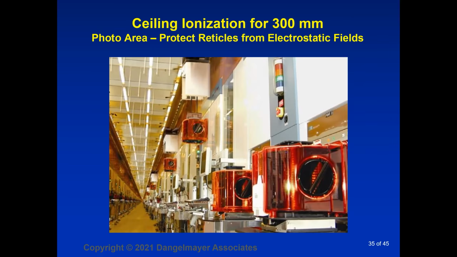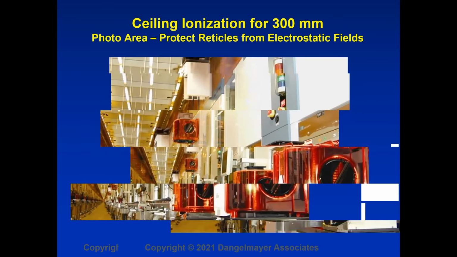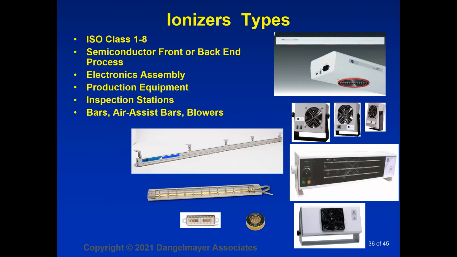So what you see here is a large array of ceiling type ionizers to make sure that everywhere in this photo area, the charge has been neutralized. Many, many different types of ionizers are available for ISO class 1 through class 8, which is a very wide range of clean rooms and clean areas.